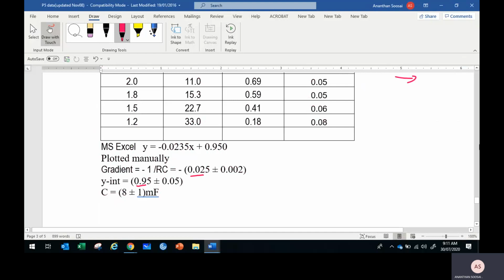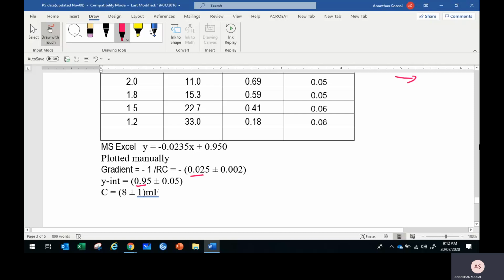Your error has to be the same decimal place, so it will be 3 decimal places, right? First, standardize: after you graph, for all the answers go for 3 SF. You won't get it wrong, because some way or other it will fall under 3 SF. Here you see the C given is 1 SF, but write 3 SF, 8 point something.